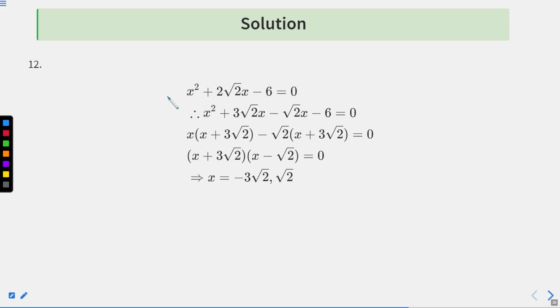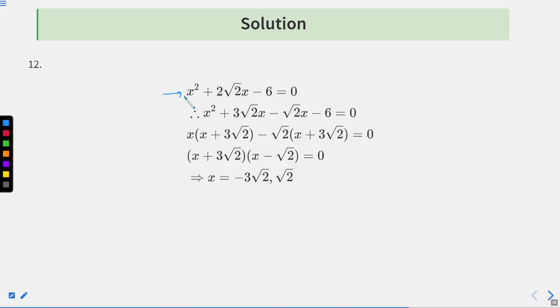We have given this quadratic equation x square plus 2 times root 2 x minus 6 is equal to 0. Now if you split the middle term, 2 times root 2 x, as 3 times root 2 x minus root 2 x, then x square plus 3 times root 2 x minus root 2 x minus 6 is equal to 0. It implies x times (x plus 3 times root 2) minus root 2 times (x plus 3 times root 2) is equal to 0, and it implies (x plus 3 times root 2) times (x minus root 2) is equal to 0.